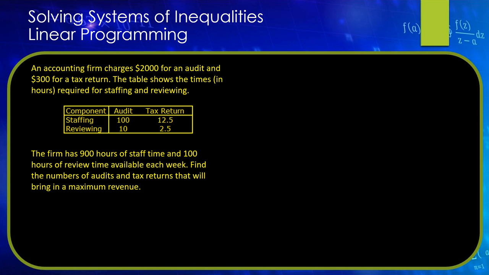So they're giving you a number of things. Some of the things they're giving you are constraints, which are basically restrictions. And other things they're giving you is information about how to calculate the revenue, and the revenue calculation is what you want to try to maximize.